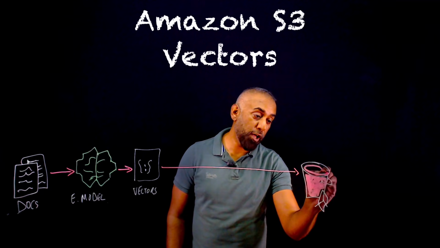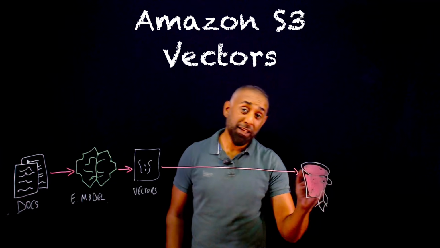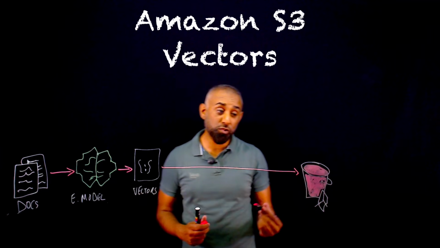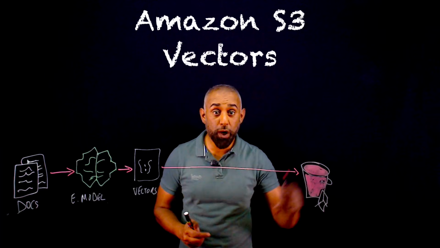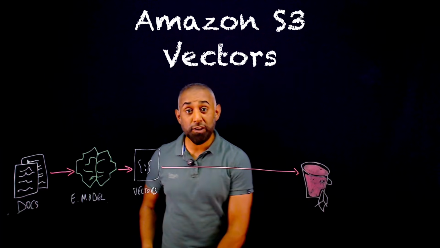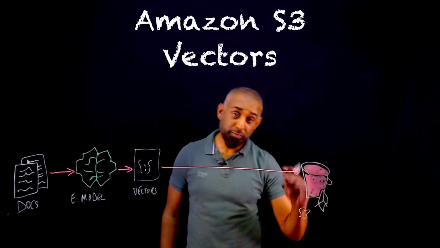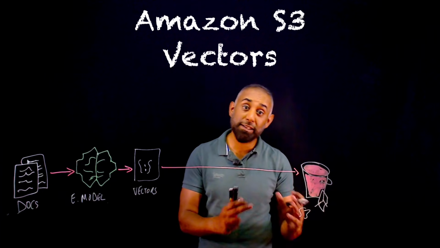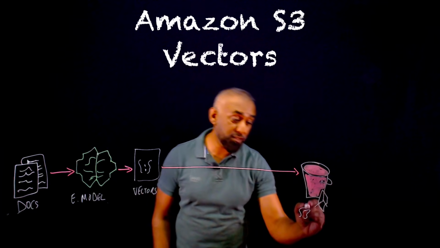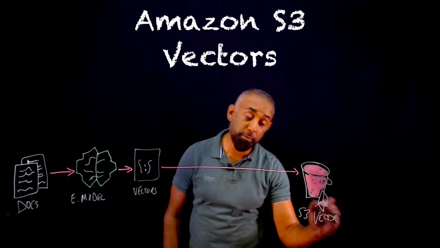From an S3 vector bucket perspective, we're talking up to 90% cost savings compared to other vector stores, from uploading your data, storing your data, and actually querying your data. And that's huge when you think about it from an agentic AI based use case. The cost savings in giving agents access to the data that they need, or even a chat assistant, for example, is a game changer in my opinion.